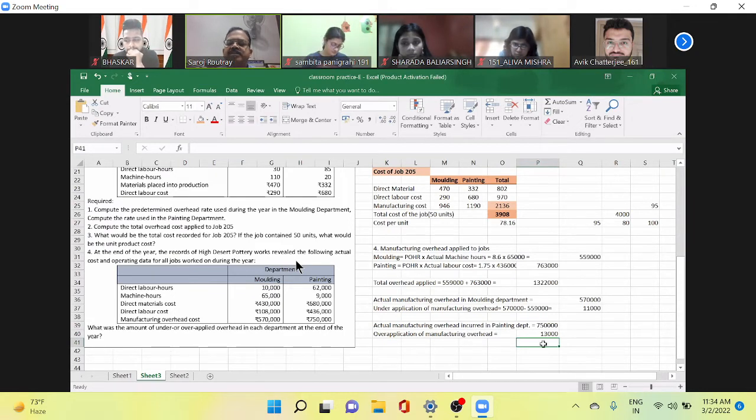So how can we adjust it? We can transfer it to cost of goods sold, or we can proportionately divide it among work in progress, finished goods, and cost of goods sold.